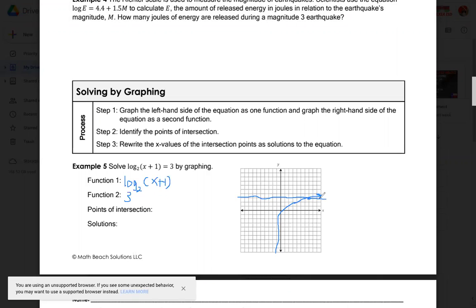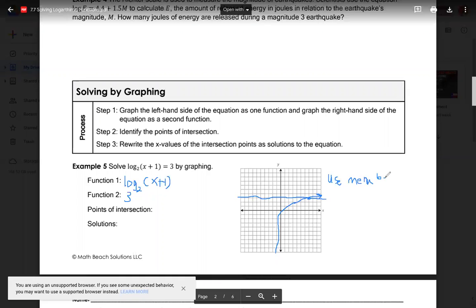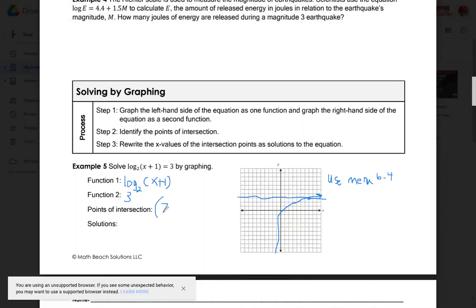To find that intersection point, you're going to use menu 64. That gives us the information there. So the intersection point was, like I said, 7 and 3.